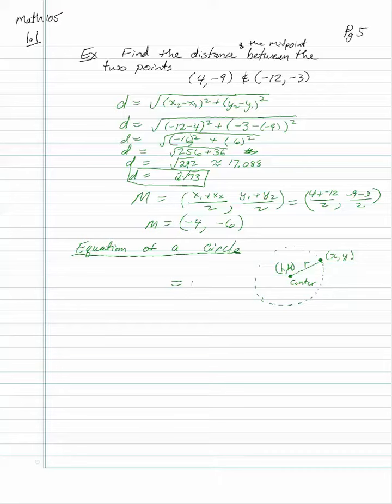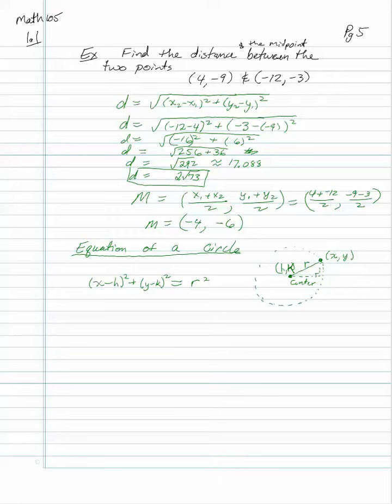So let's flip the formula around again. a squared would be, so remember we're going to subtract the x coordinates. So it's x minus h squared. b squared, we're going to subtract the y coordinates. It's y minus k squared equals c squared, which is my r squared.